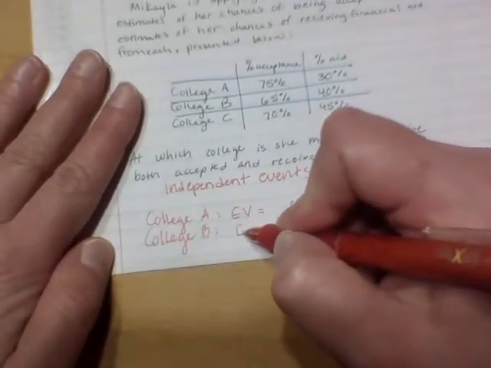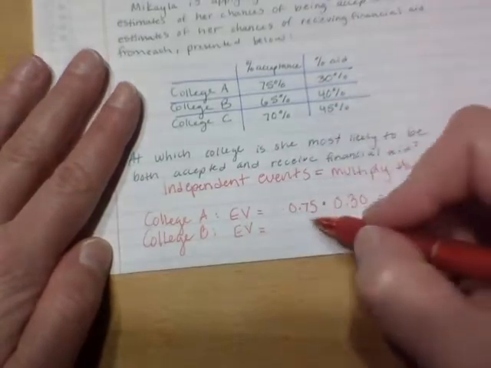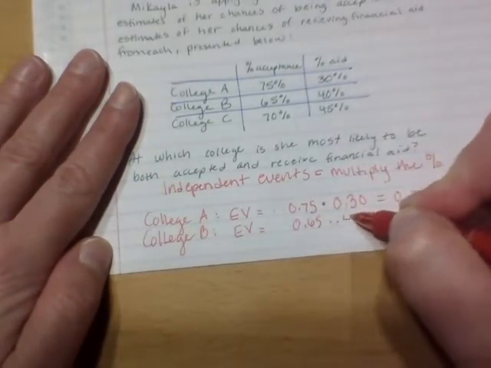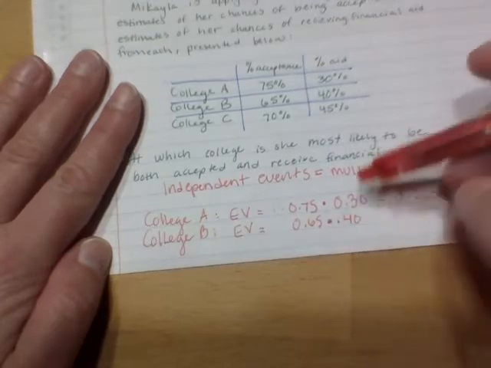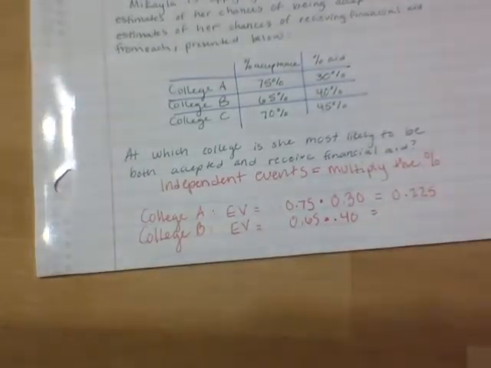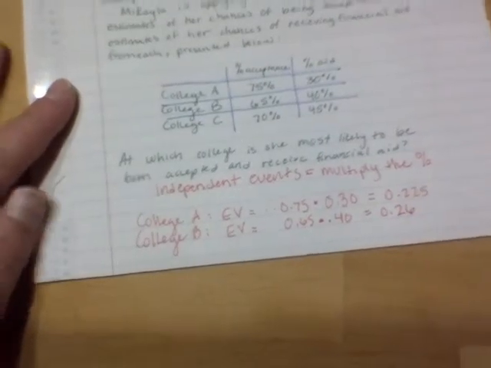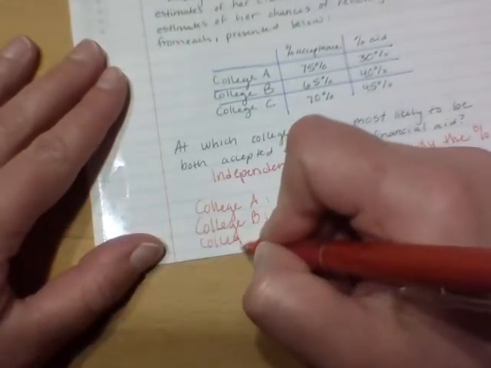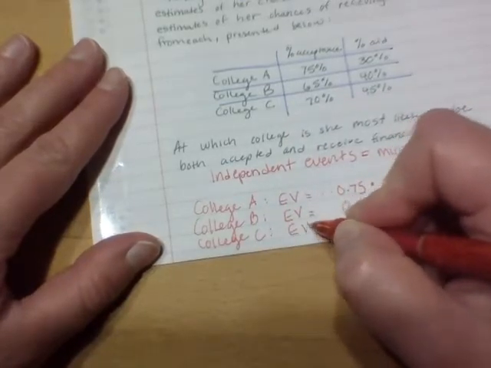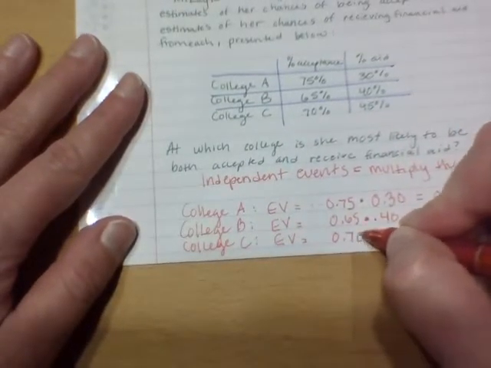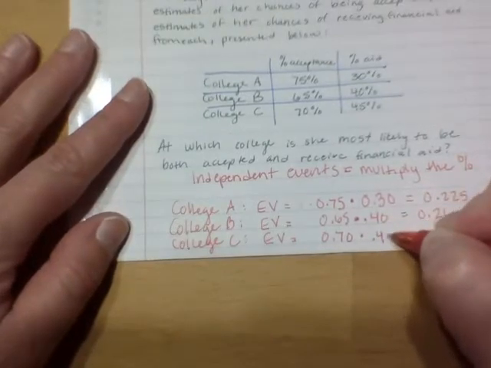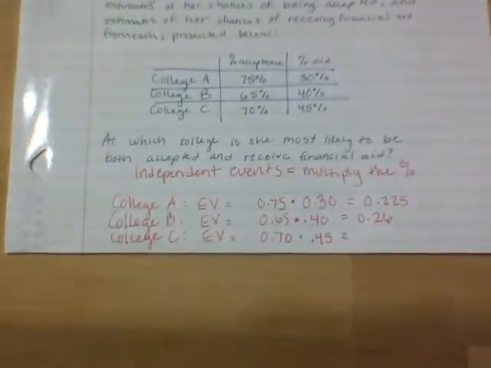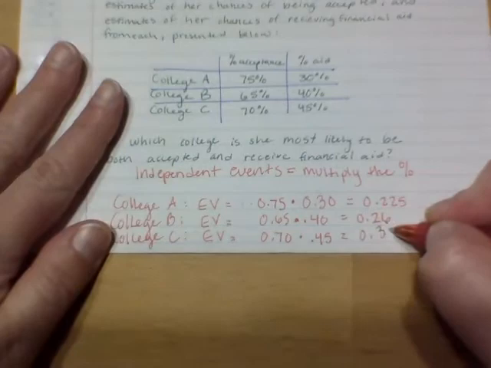In college B, we have a likelihood of 0.65 times 0.4, and so that makes 0.26. And college C, based on her estimation, she's got 0.7 to be accepted and 0.45 chance of financial aid. So 0.7 times 0.45 is 0.315.